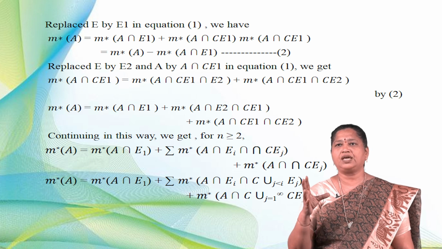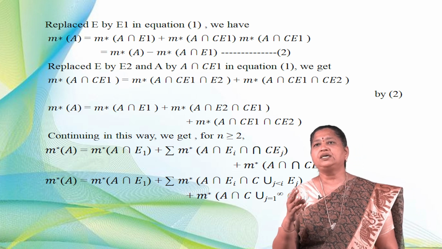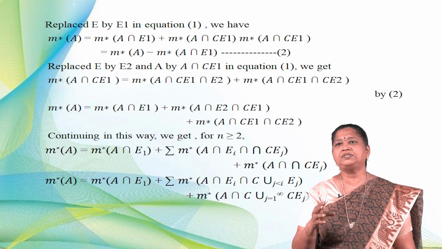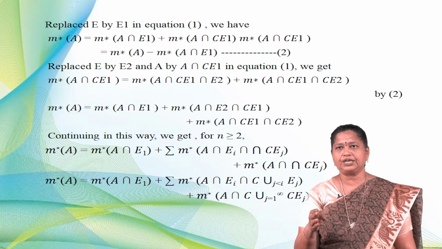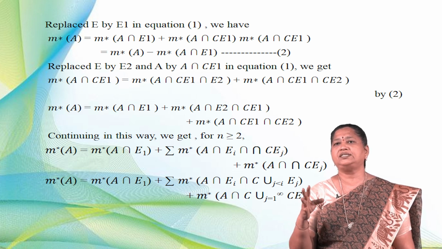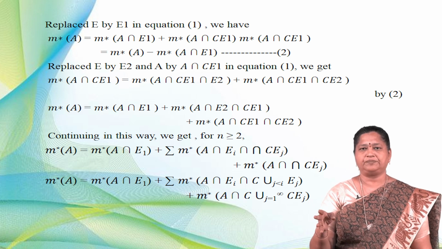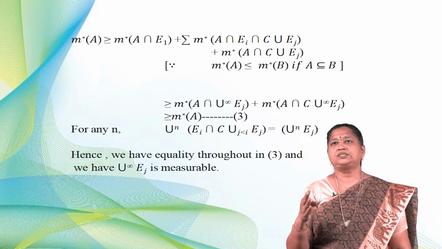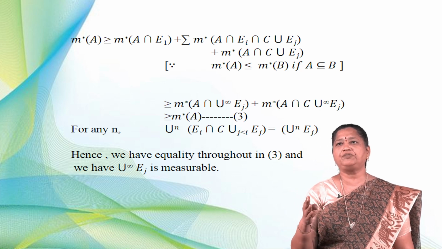Continuing in this way, in general, for n greater than or equal to 2, m*(A) is equal to m*(A ∩ E1) plus the summation of m*(A ∩ E_i ∩ complement of the union over j less than i of E_j) plus m*(A ∩ the complement of the union over j of E_j). So m*(A) is greater than or equal to m*(A ∩ E1) plus the summation of m*(A ∩ E_i ∩ complement of the union of E_j) plus m*(A ∩ complement of the union of E_j).